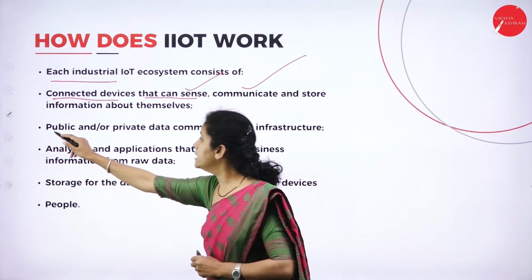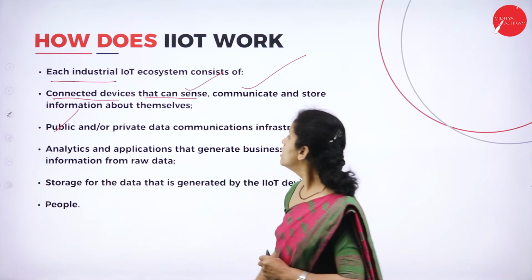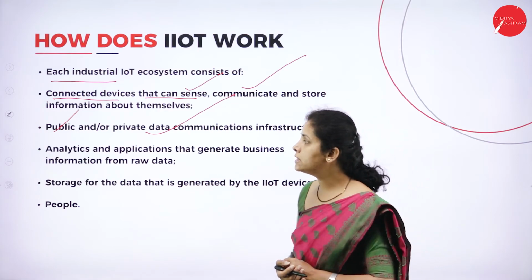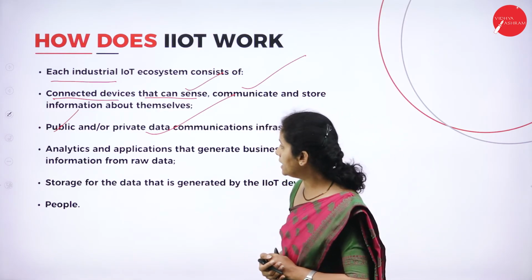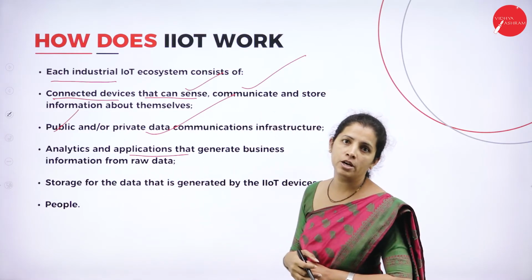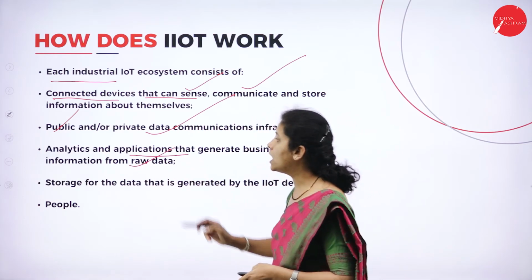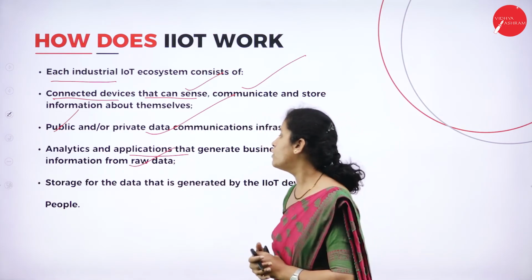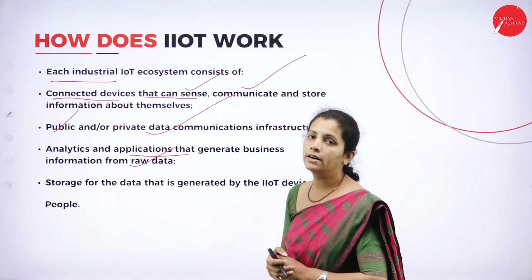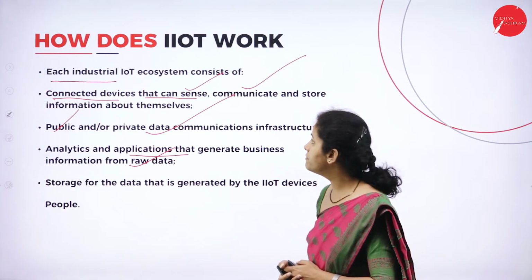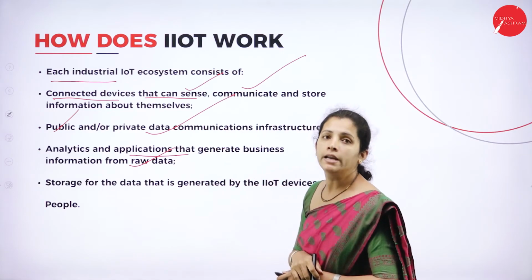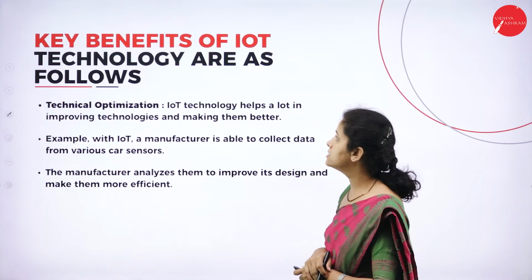It includes public or private data communication infrastructure. Along with that, it includes analytics and applications that generate business information from raw data. So here the storage for the data is provided by Industrial Internet of Things storage devices. So these are the components of the Industrial Internet of Things ecosystem.